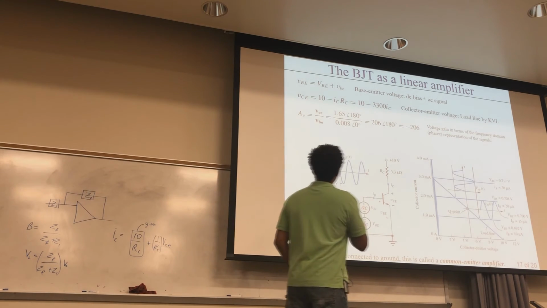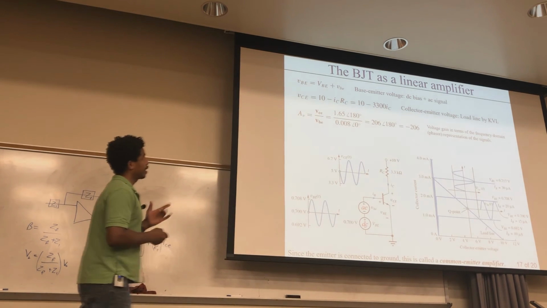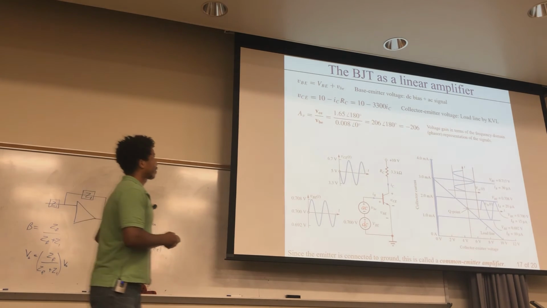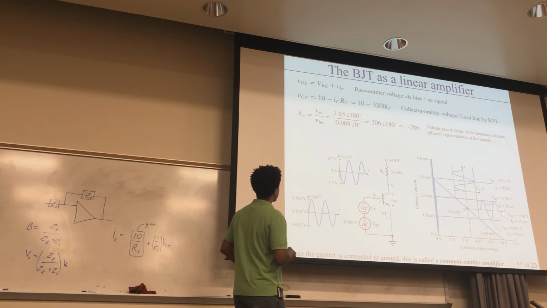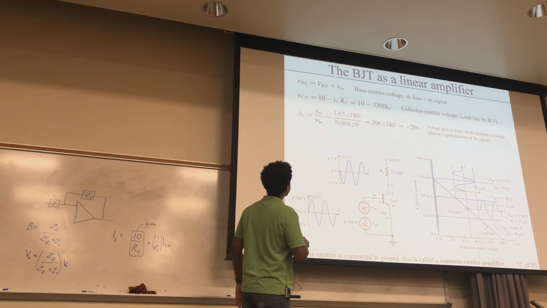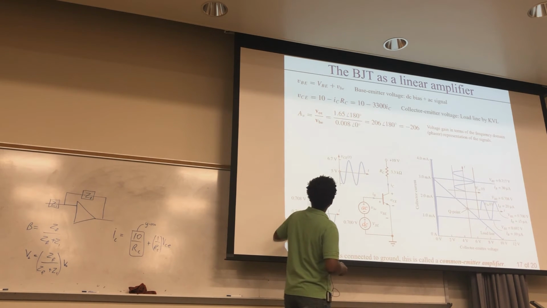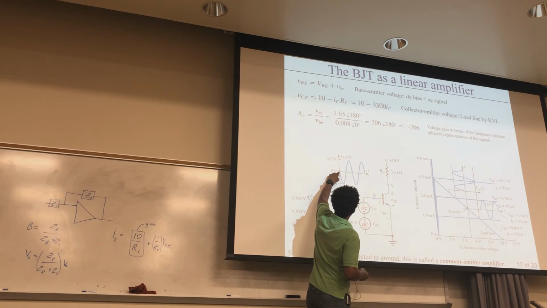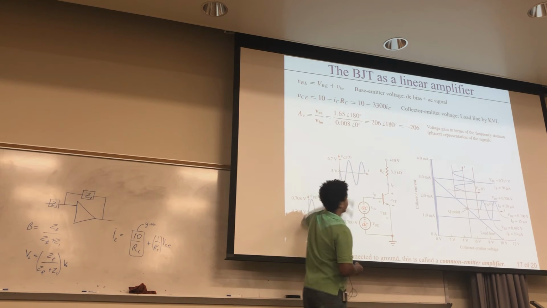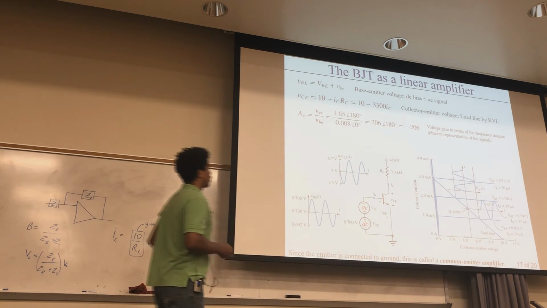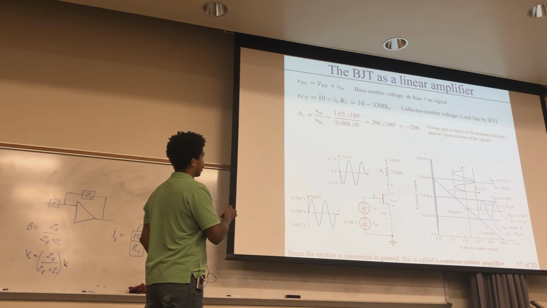And for the gain, it's a little different. You're going to do it in terms of phasors. So that's why this collector emitter voltage right here is 1.65, right? If you look at the collector emitter voltage, 1.65 is sort of ignoring this average value and just looking at the amplitude of the oscillation.